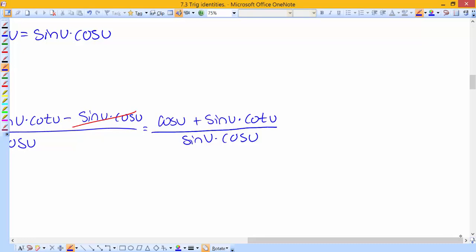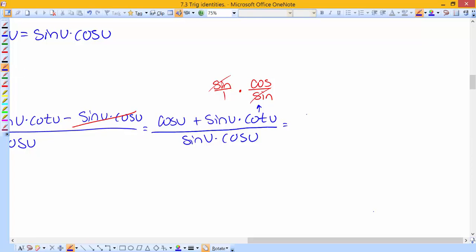See if there's something there that we can rewrite. What I hope that you see is that cotangent can be rewritten as cosine over sine. And then if I bring this sine back up here, it's times sine. You could write that over 1. Your sines cancel. So it just becomes cosine.